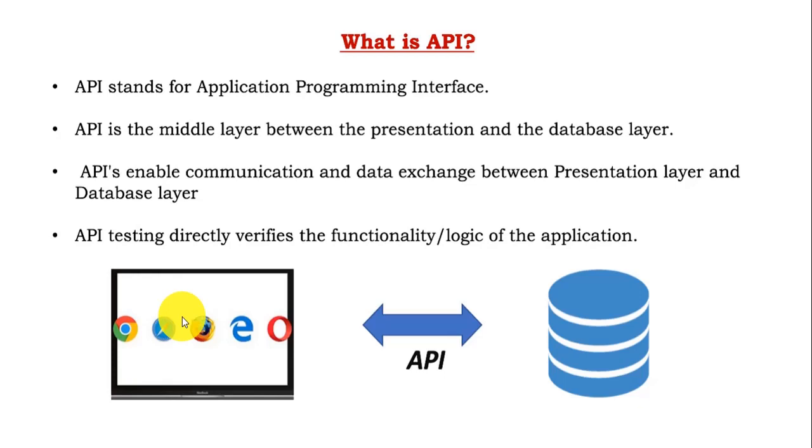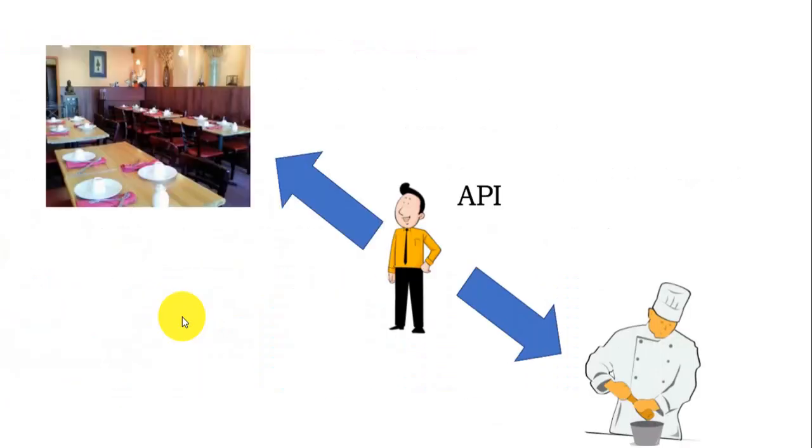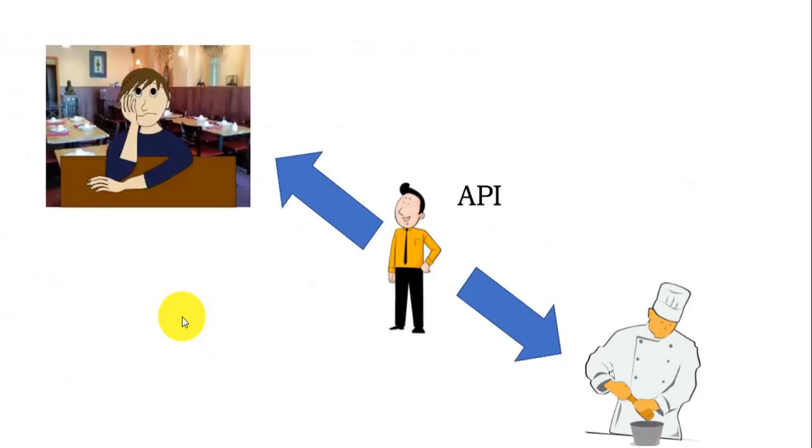Okay, so let's see an example. Say you are at a restaurant, waiting for the server to come near you, and he is actually an API. How? I'll tell you. The server comes to you, asks what you want, and takes the order, correct?